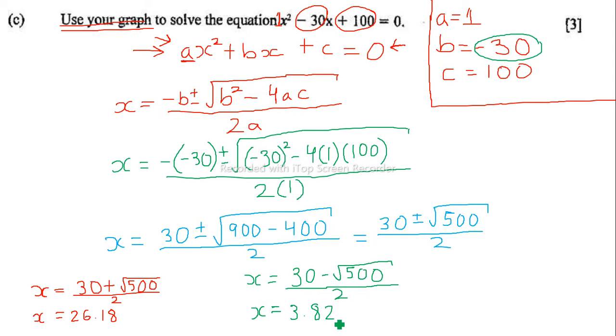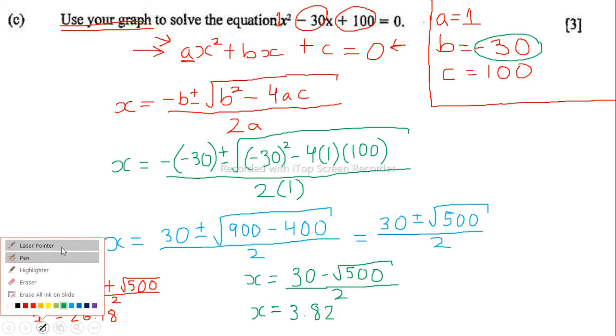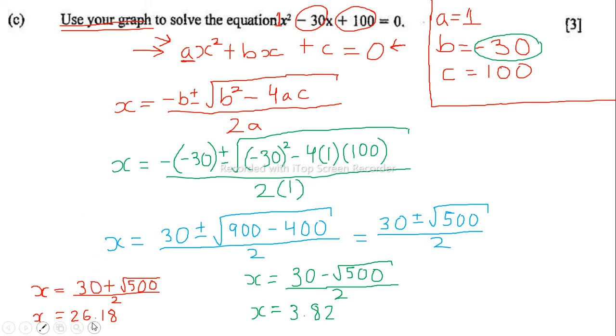Okay, so here we used the quadratic formula to find the solutions for this equation: x squared minus 30x plus 100 equals 0. And this is how you do it.